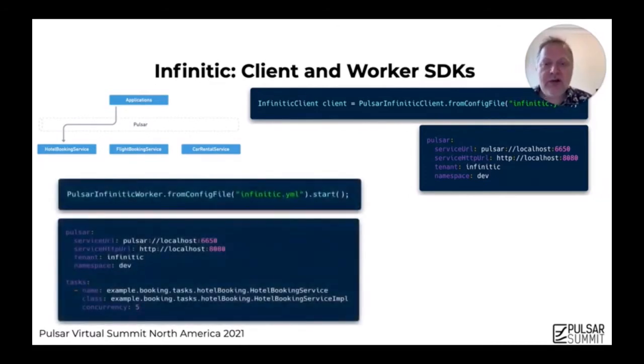And to create services, which is basically a worker, a wrapper around your services, you can start it from a config file, where the config file describes also where to find the Pulsar, and for each specific task, for example, what is the implementation of the corresponding class. And you have some other settings, such as the concurrency and so on.